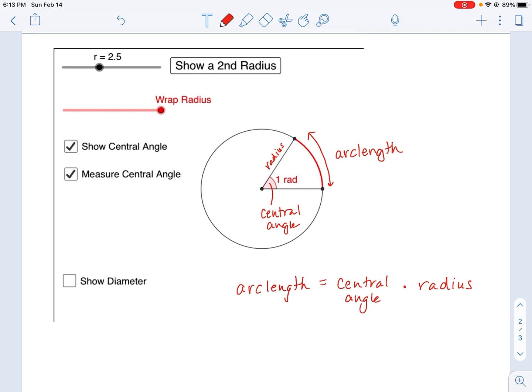And if I write this symbolically, arc length is going to be an s, central angle is going to be a delta theta because we're sweeping out a central angle, and then the radius is just going to be r.